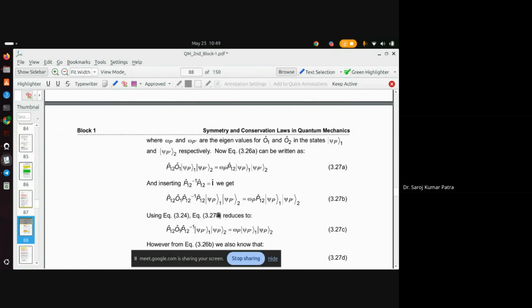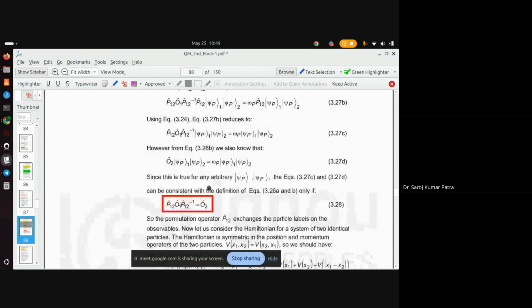It will flip it, right? And if we apply P12 inverse here, P12 P12 inverse is equal to identity. So finally you will end up with this kind of equation: P12 O1 P12 inverse is equal to O2.